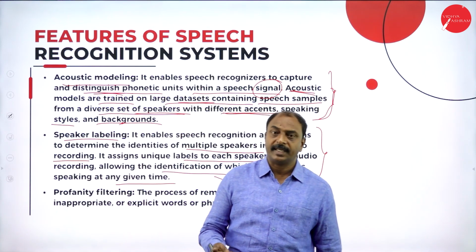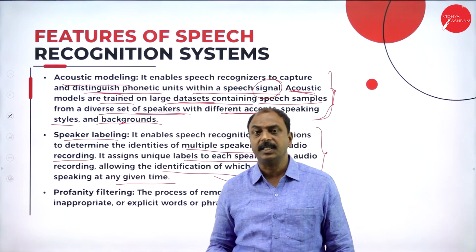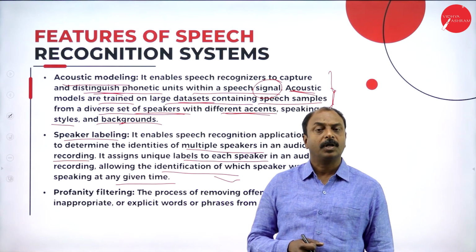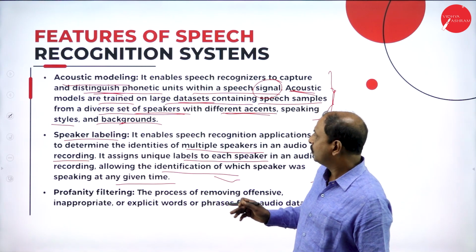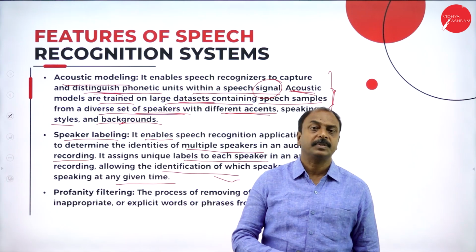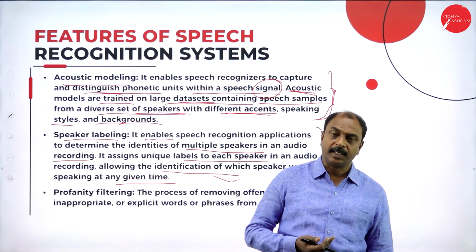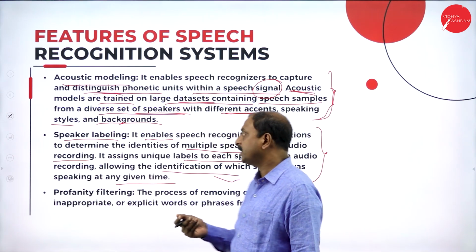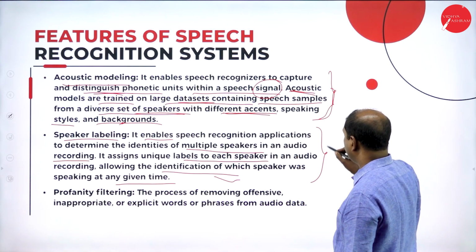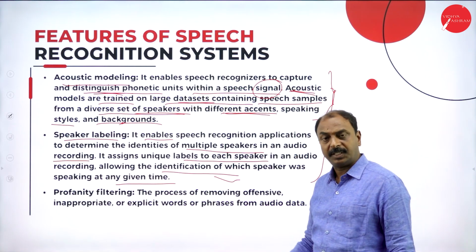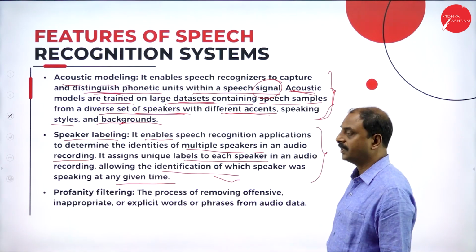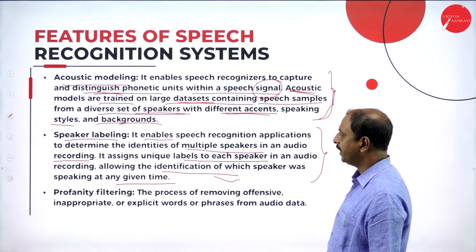If you take an example like a music concert, there may be a large number of speakers or microphones. It is going to label what type of signal is coming from which speaker or which microphone. That is the meaning of speaker labeling.